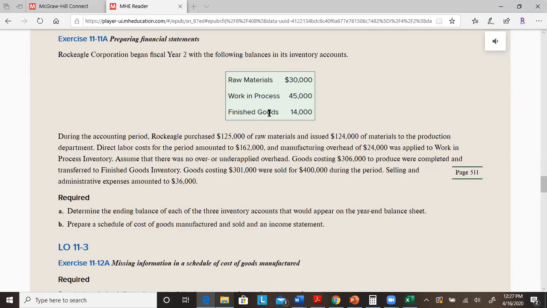So you can either do T accounts or you can just do a plus-minus system, whichever works for you. So raw materials, that's too big. Let me write smaller. Raw materials, work in process, finished goods.